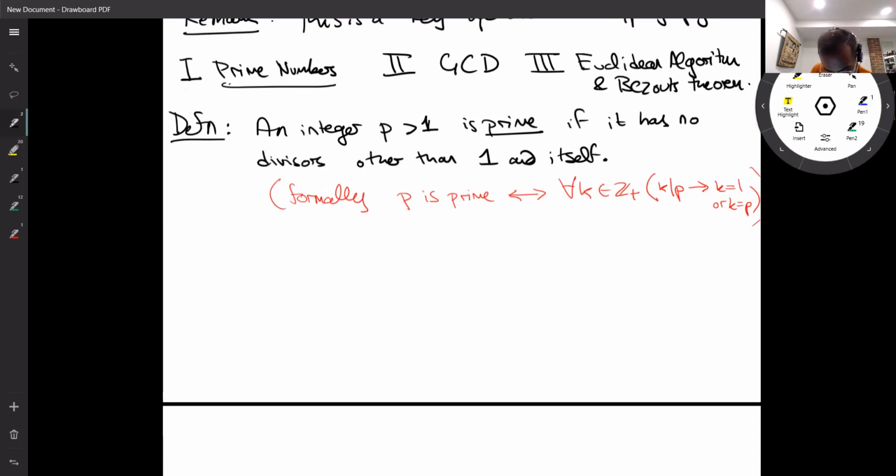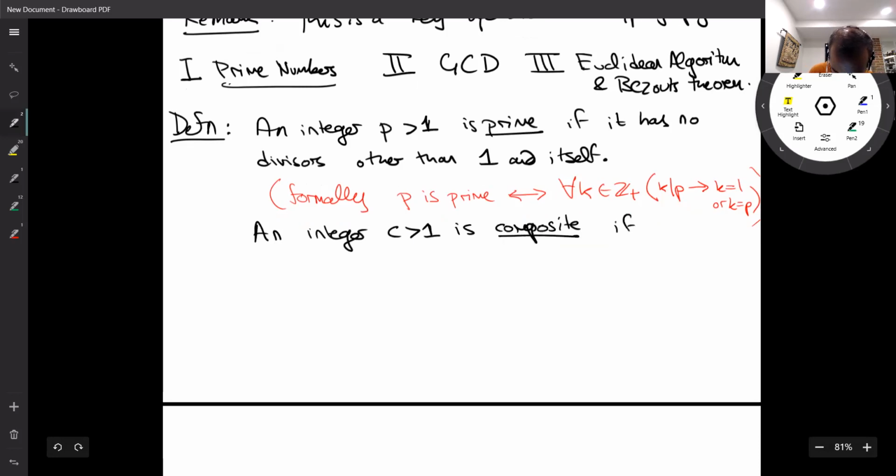And not all numbers are prime. So 3 is a prime, 4 is not a prime. The numbers that are not prime are composites. An integer c strictly bigger than 1 is composite if it is not prime.